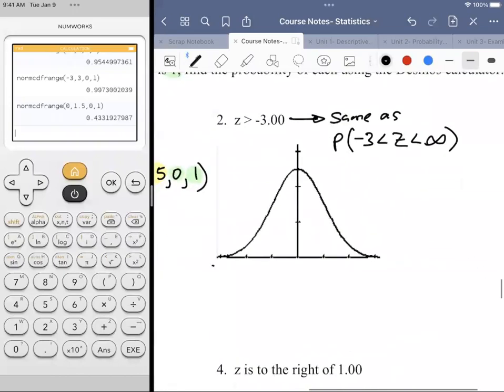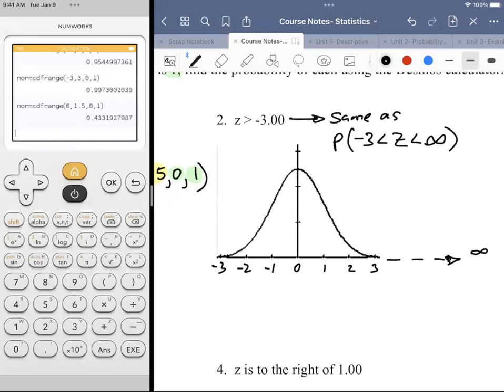So we're looking at, again, -3, -2, -1, 0, 1, 2, 3. So if I'm looking at Z is greater than -3, so more than -3, or if I'm looking at it as being between -3 and infinity, which would be way over here. All right, so you keep going, eventually you get out to infinity. I mean, you wouldn't, but pretend.